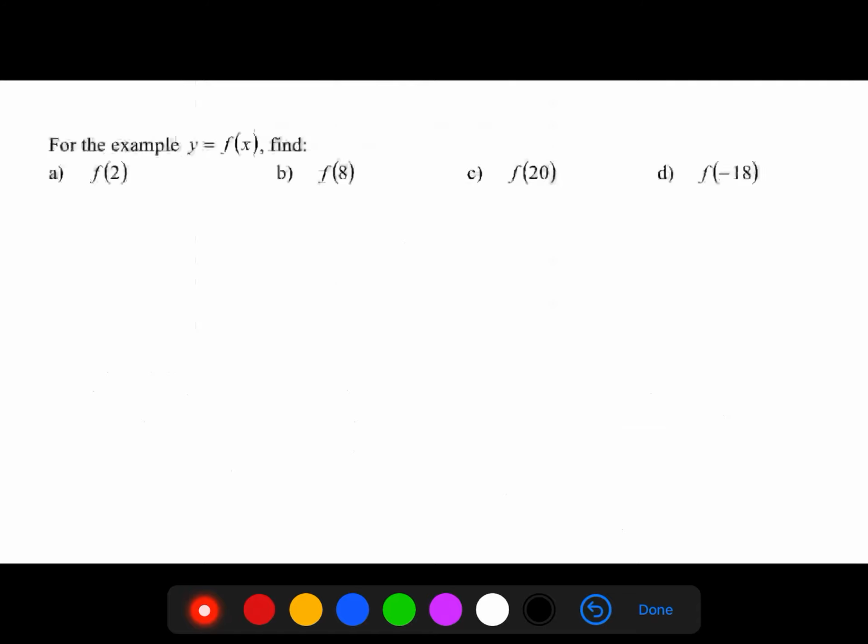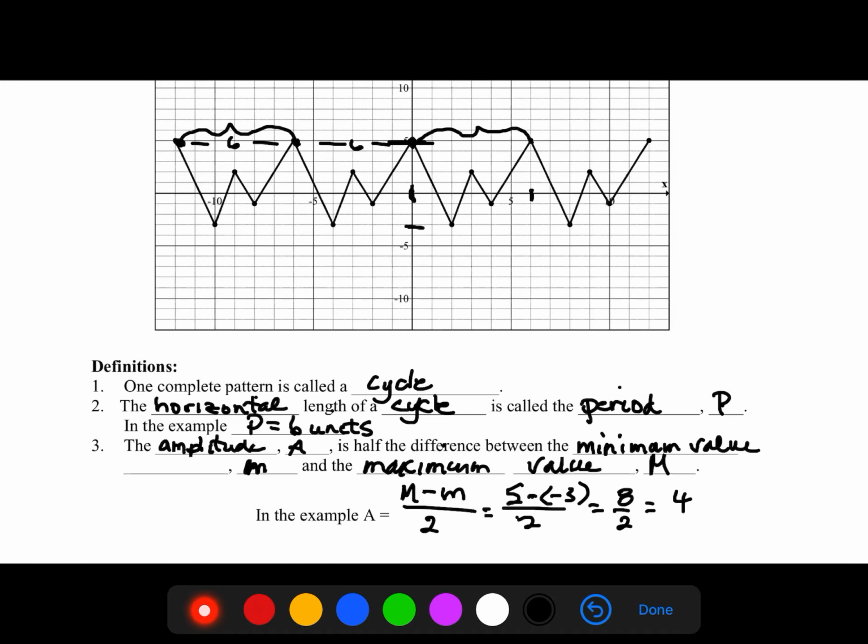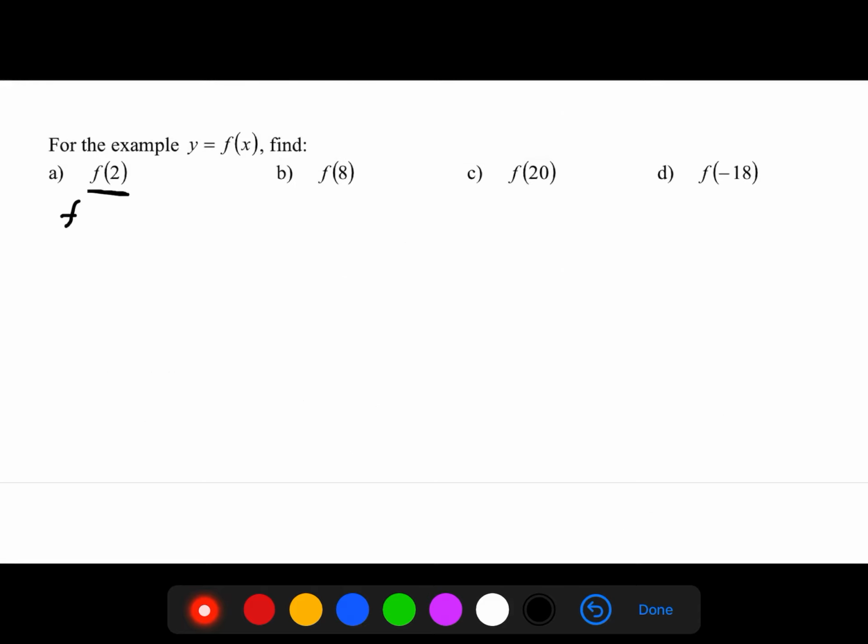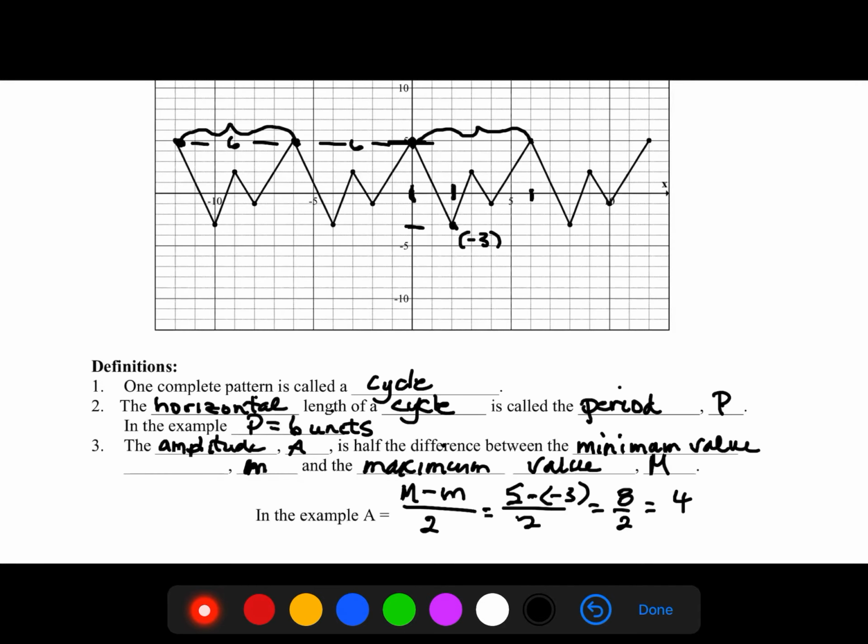Now, in the same graph, for the example y equals f of x, remember f of x is just our function, we are looking for the value of the function when x is 2. So we're going to look at our graph and look at where x is 2. Well, our y value here is -3 where x is 2. So f of 2 is equal to -3.